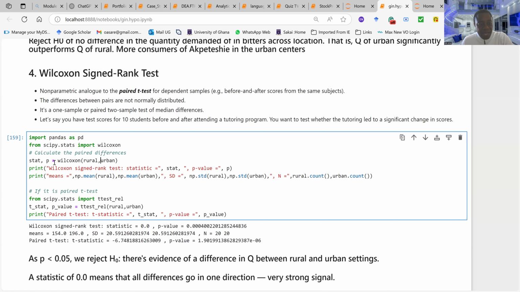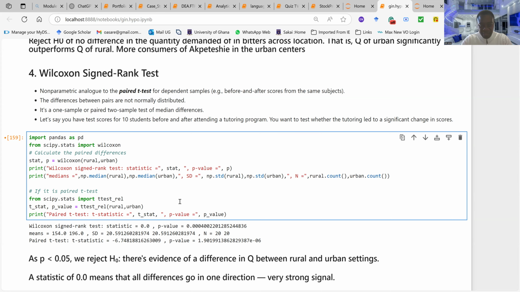So here, I did a signed rank test, and I ran the result. And this is the result. Again, look at it. I can change these values because they are looking at the medians. So remember, these non-parametric tests don't look at means. They're looking at medians.